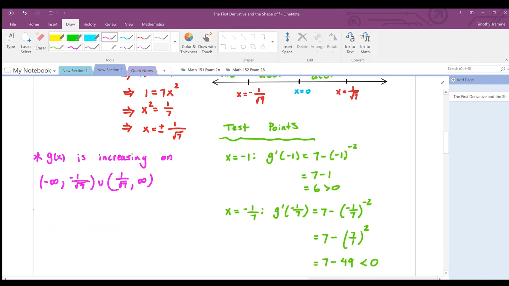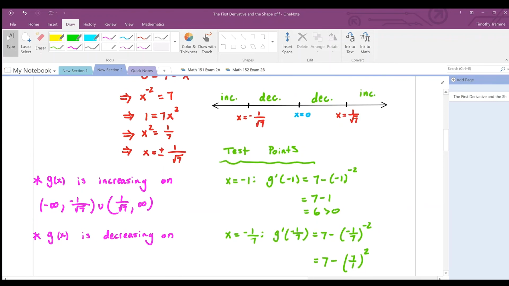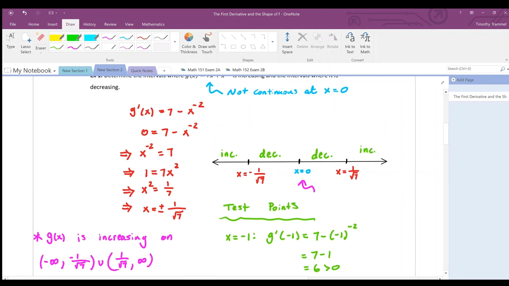And the other part is where it's decreasing. So g of x is decreasing on, and if we look up at those intervals, it's actually one big interval. At least at first it appears to be one big interval. But remember, at x equals 0, the derivative actually does not exist.